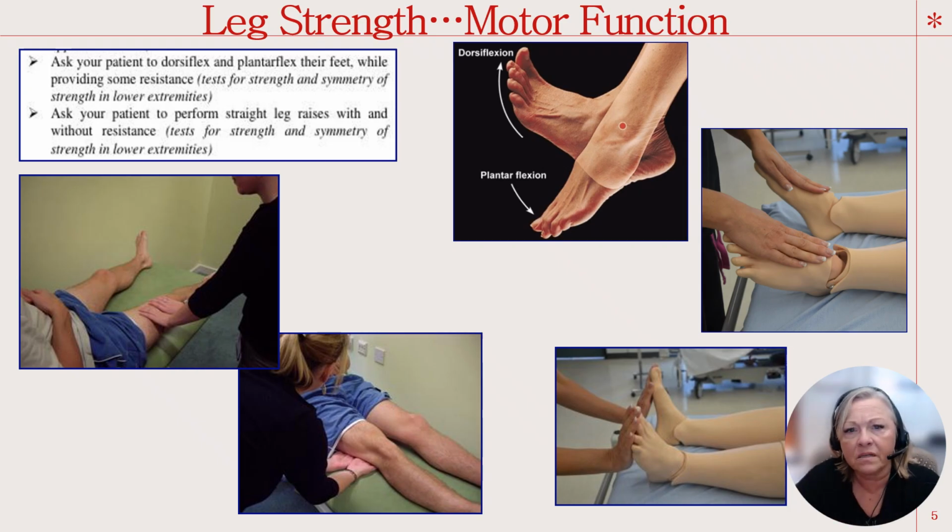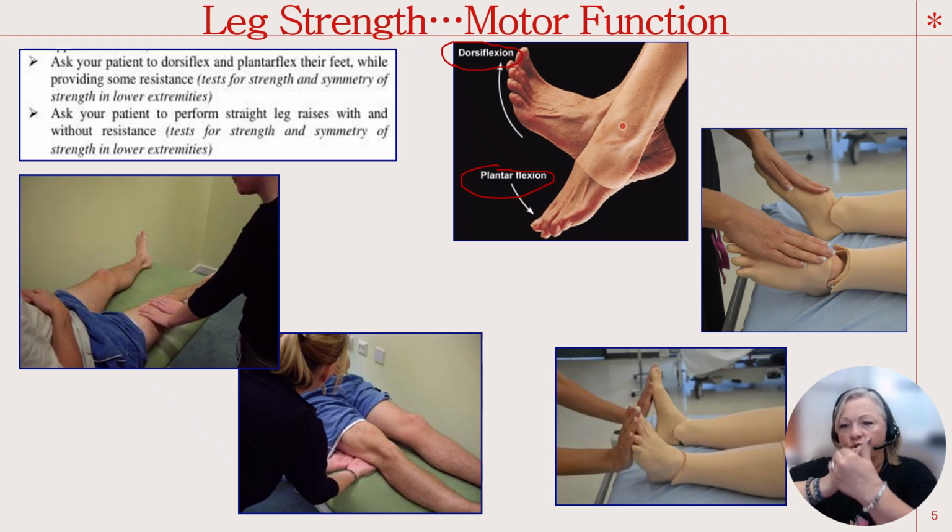So back to some little medical terminology for you. You need to know dorsiflexion, and you need to know plantar flexion. So if you think about the foot, this is my hand, pretend it's a foot, I got very long toes. The foot in neutral position is just that. But when I lift my toes to the ceiling, that's dorsiflexion.